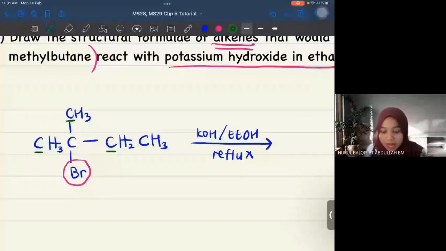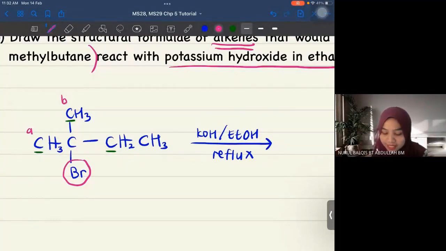Okay, now, adakah kita akan dapat 3 products of alkene just because we have 3 carbon adjacent to this carbon bearing the Br? Okay, look for the, here I put A and B carbon. Look at the A carbon. The A carbon, if we start the numbering from A, means kita akan ada 1, 2, 3 and 4, is it? Yes.